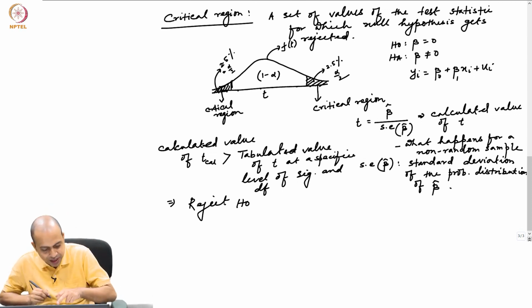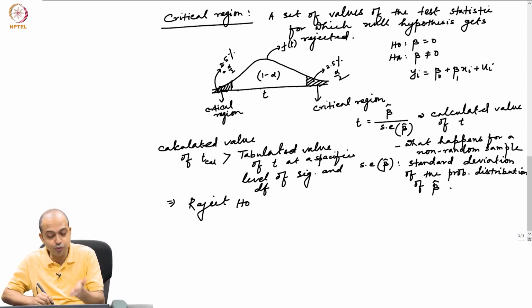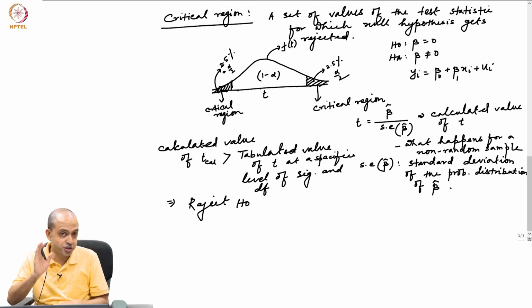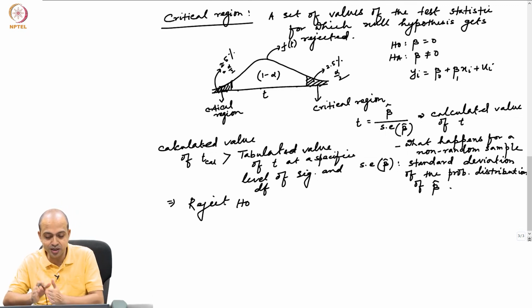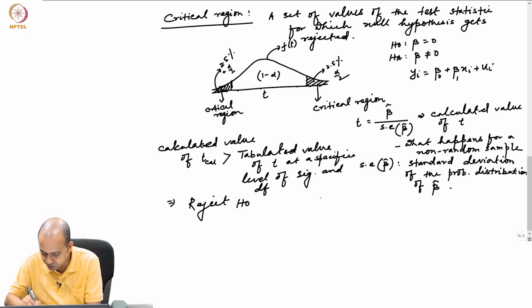Now, this calculated value can be either positive or negative depending on the sign of your beta hat, but our decision making rule is always the same, which is calculated value of t is compared with the tabulated value of t at a specific level of significance and degrees of freedom. That is why I will say that the modulus of t is greater than tabulated t.